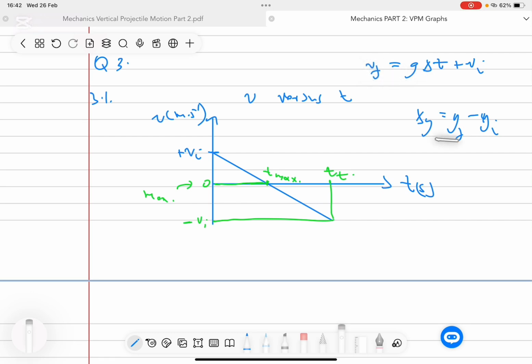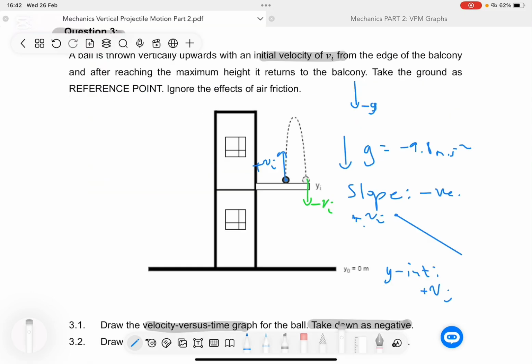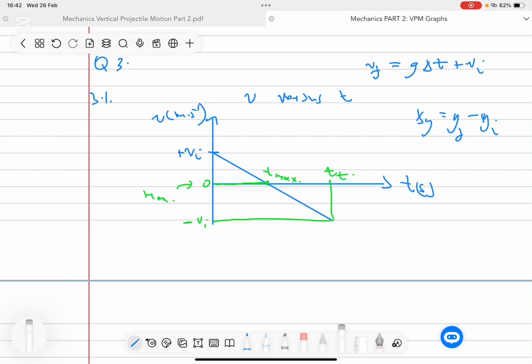That's why even if we change the positions, we removed the position reference point here, and we now took it to be the ground. Even if we change it, we are changing the displacement here. The velocity won't change because it does not depend on the displacement.